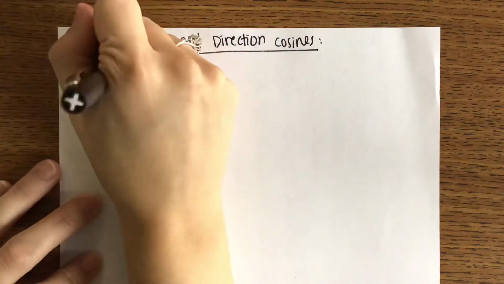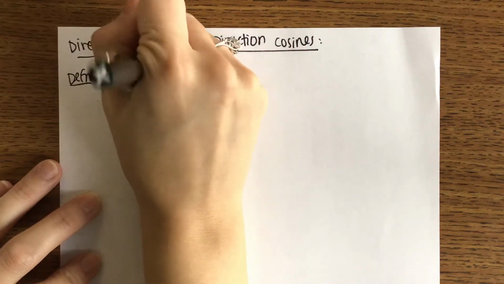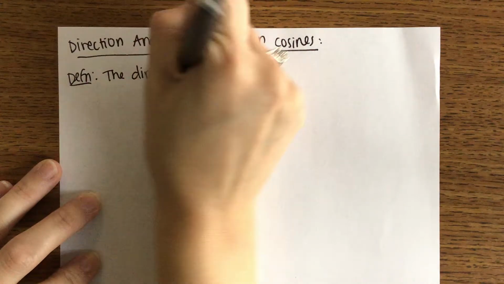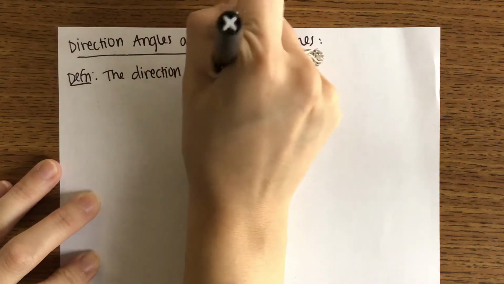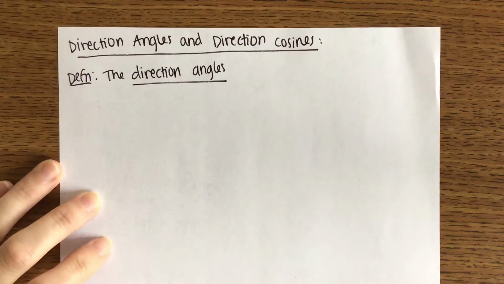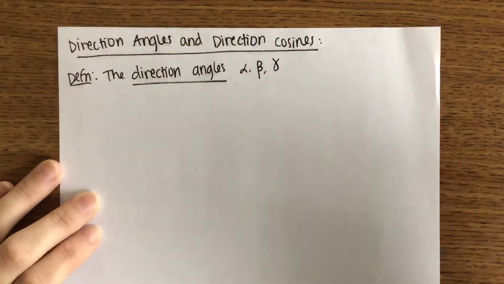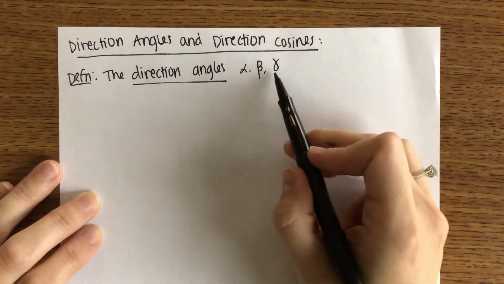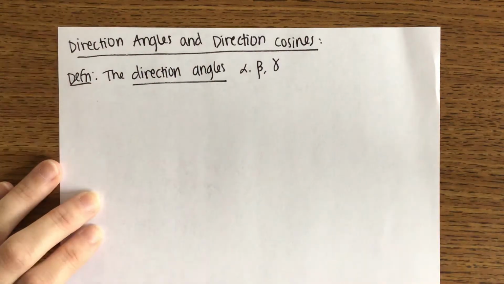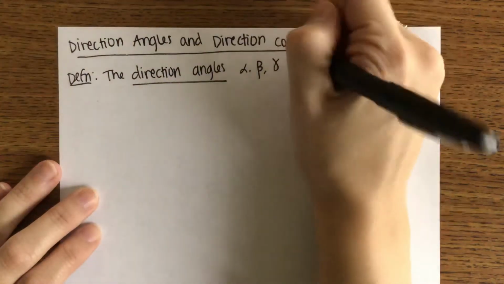So, definition: the direction angles, there are 3 of them. We denote them alpha, beta, and gamma. So alpha, beta, and gamma are what we call the direction angles.